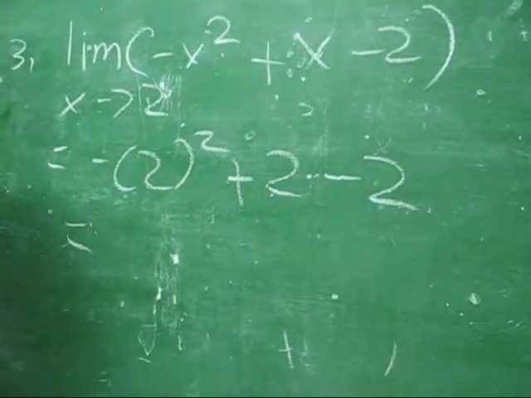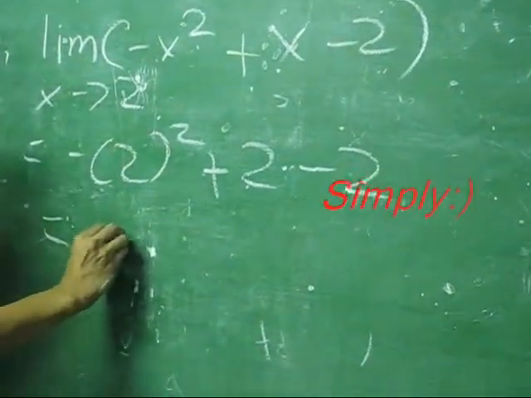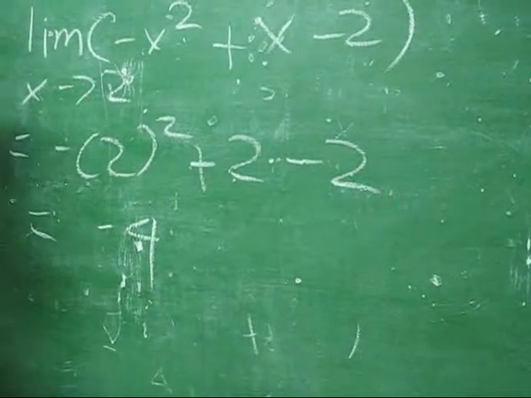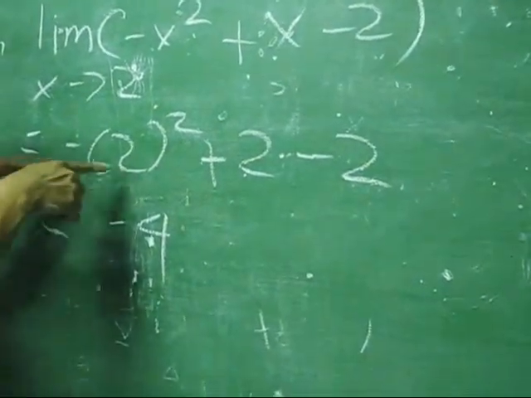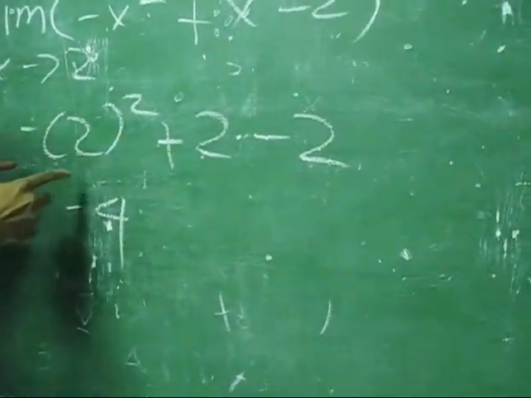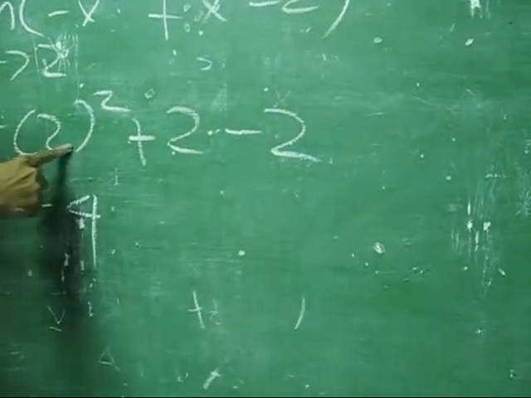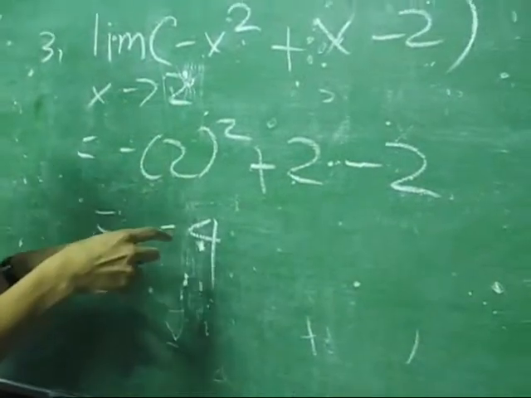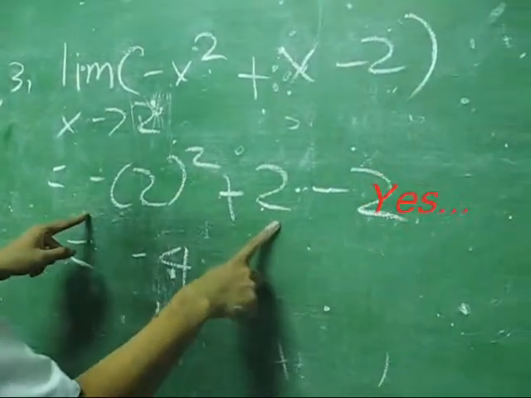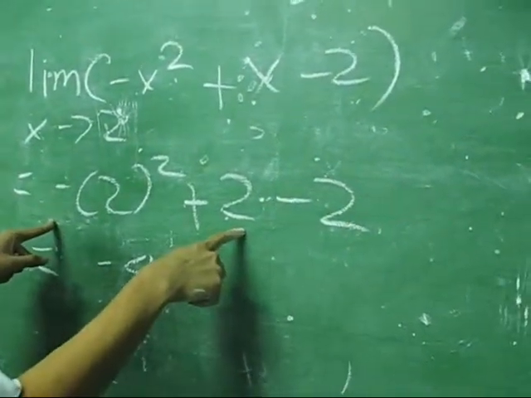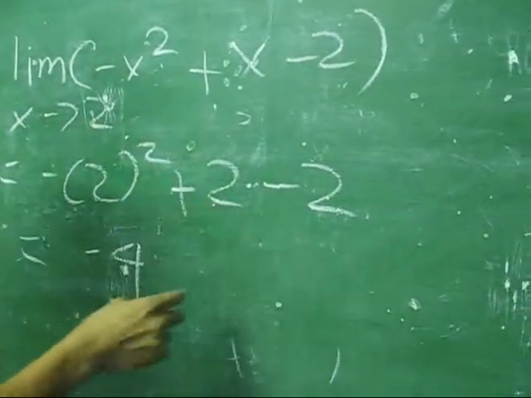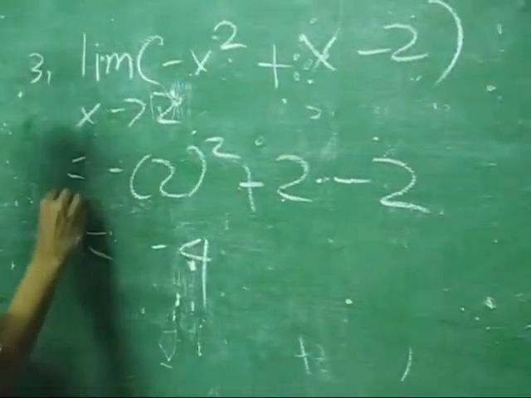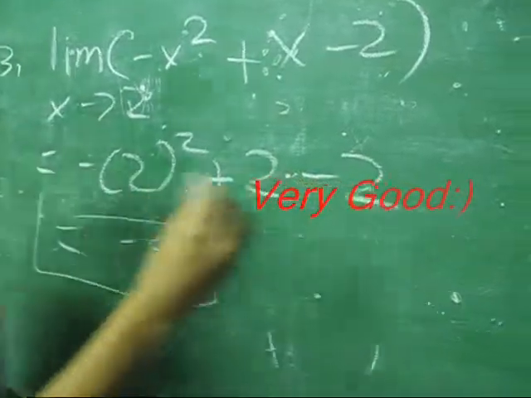So our answer will be simply negative 4. Why negative 4? Negative 2 squared will be 4, and with the negative it will be negative 4, right? Yes. Then plus 2, it's negative 2. Minus 2, it's negative 4.